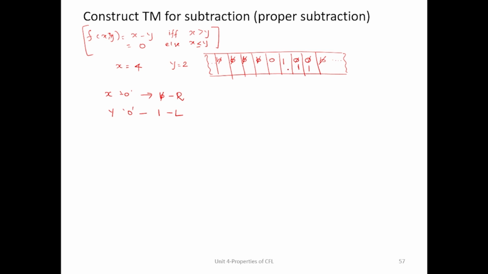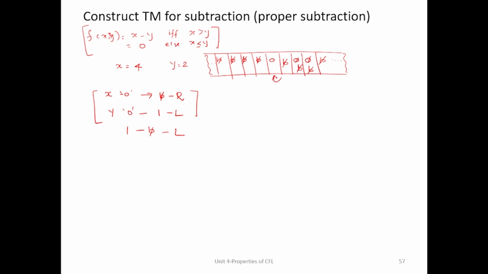There is no 1 needed. So what should we do? After processing all this replacement, come to the left direction and replace the 1s with blank space. The first 1 is a blank space, the second one is a blank space, and this one is also changed to a blank space.